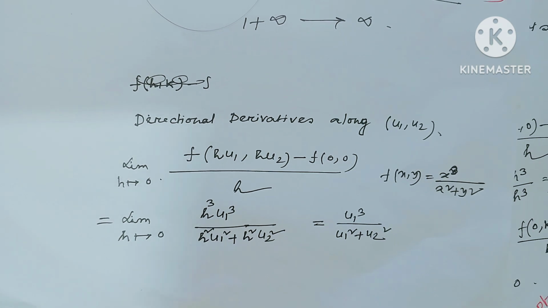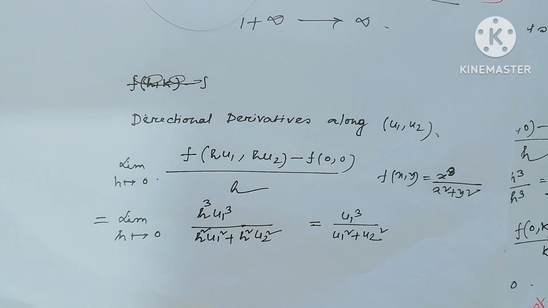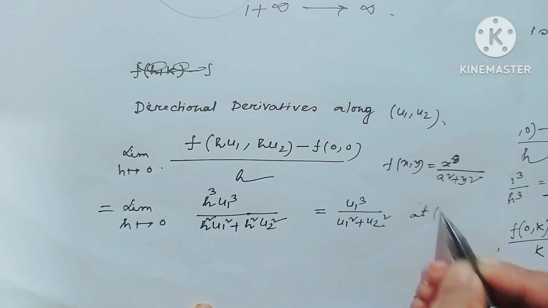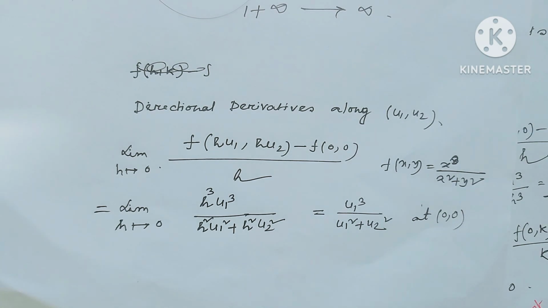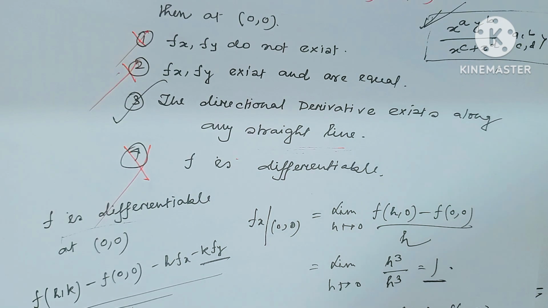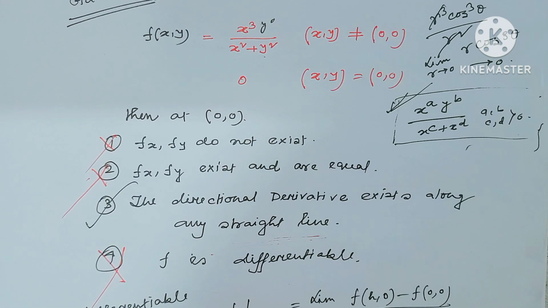So the directional derivative along the direction (u1, u2) always exists. So the directional derivative exists along any direction at (0, 0), and at all other points the function is differentiable, so obviously all directional derivatives exist there too. This is the right option, because the directional derivative exists in any direction, so along any straight line. I hope all my viewers have understood this question and this option.